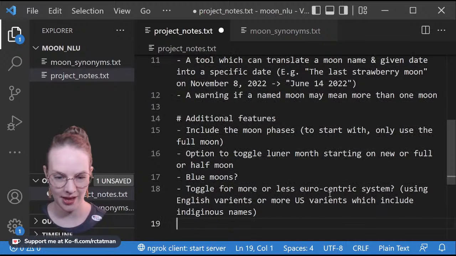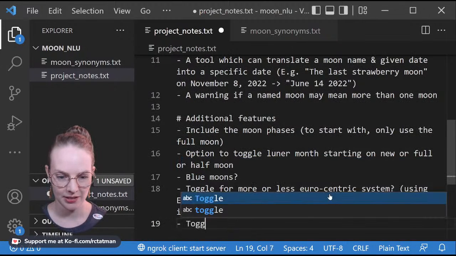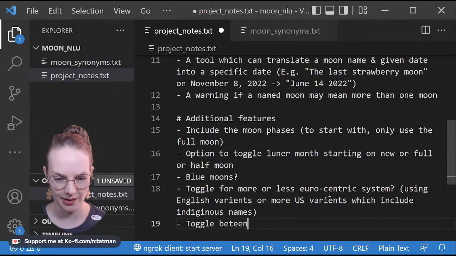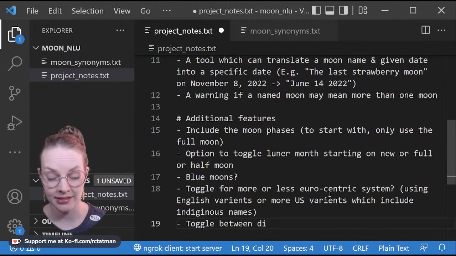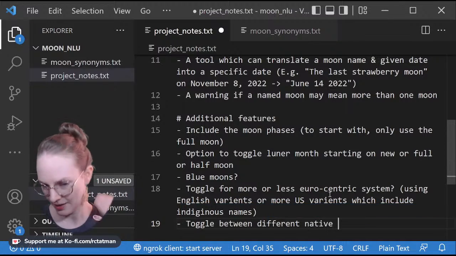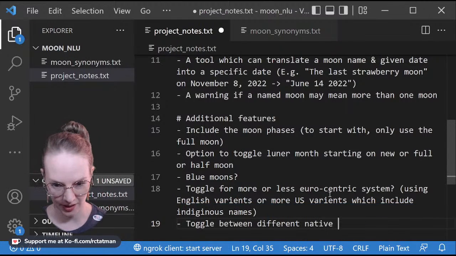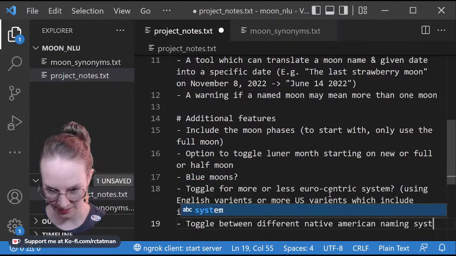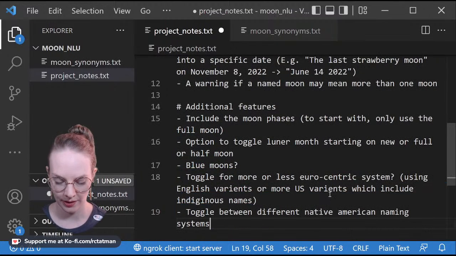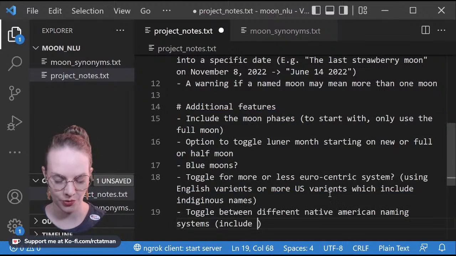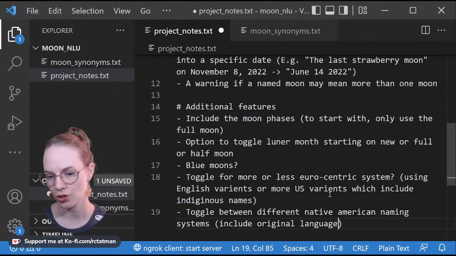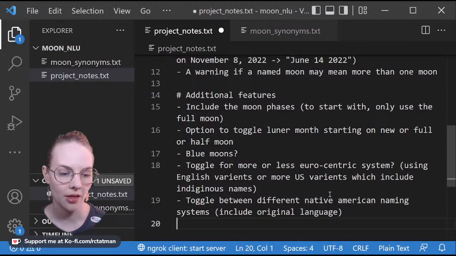So I think another thing would be maybe toggle between, as an extra feature, different Native American naming systems. Include original language. That seems like a lot of work.